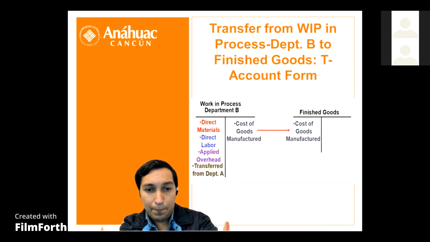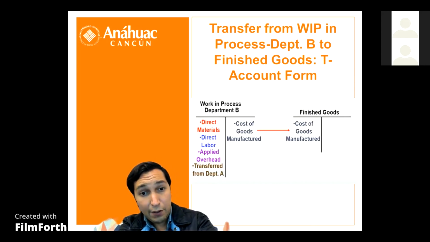So assuming that we finish the goods in our final department, and now the product is complete, we're then going to transfer it from WIP Department B to finished goods. Remember that when we finish the product, that's cost of goods manufactured. Sorry, not cost of goods sold. It's cost of goods manufactured.